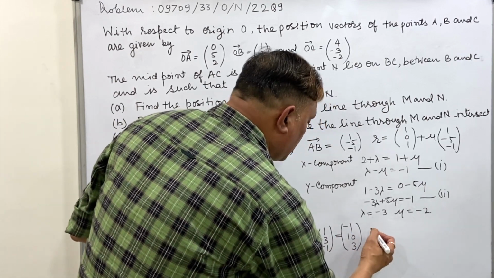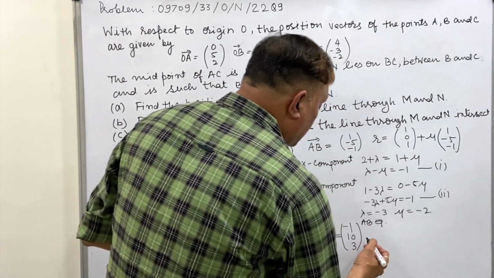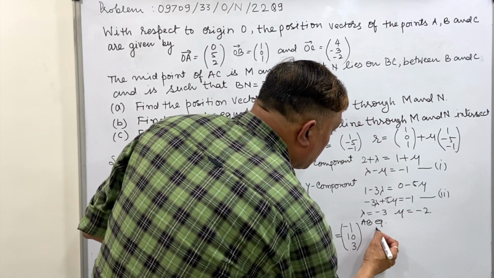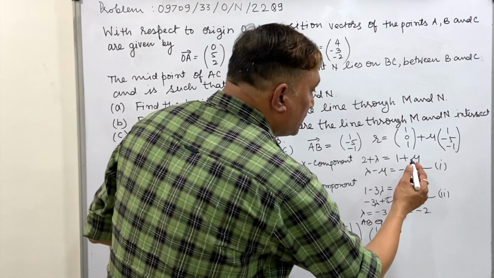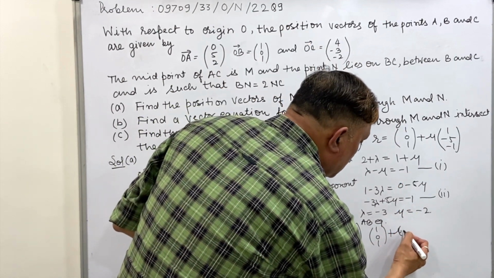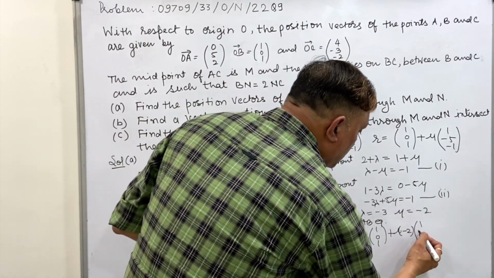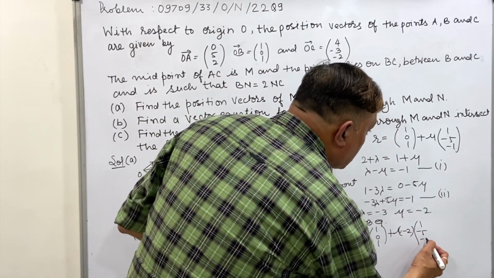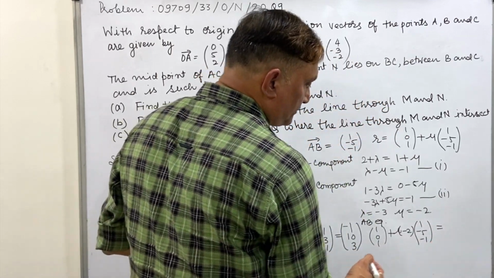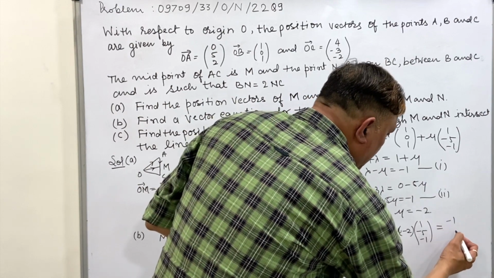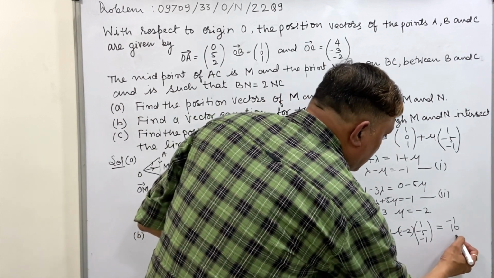Similarly, when you take the AB equation, in the AB equation (1, 0, 1) plus the value of mu, which is -2, times (1, -5, -1). Then you will be getting -1, 10, and 3.